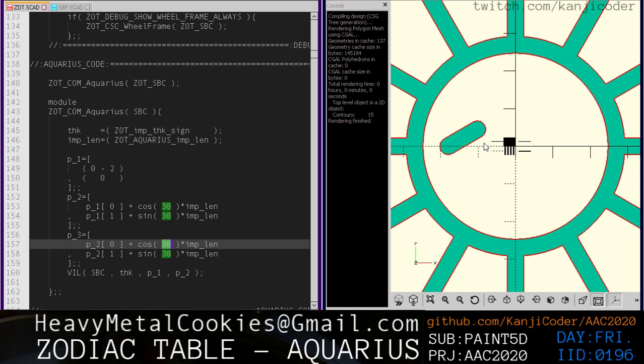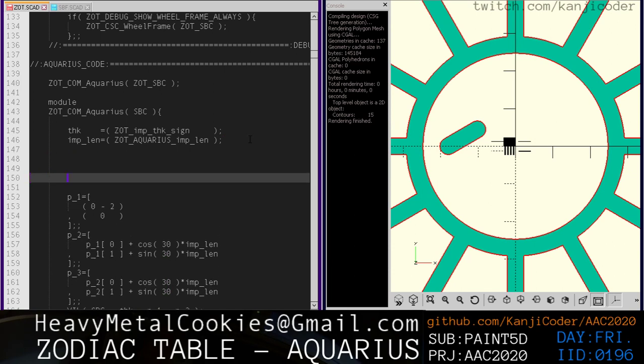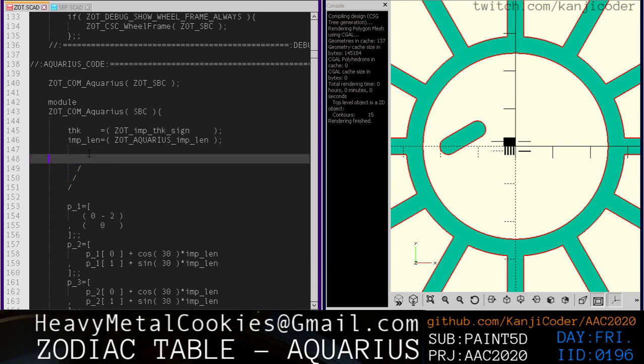So here's what I'm thinking. If we went up like this by a certain amount, eventually we want to come down at the exact same angle, right? So how do we calculate that in a dynamic way?